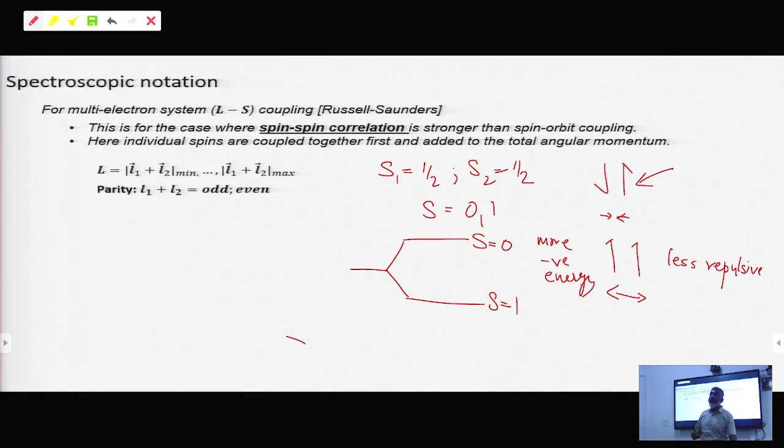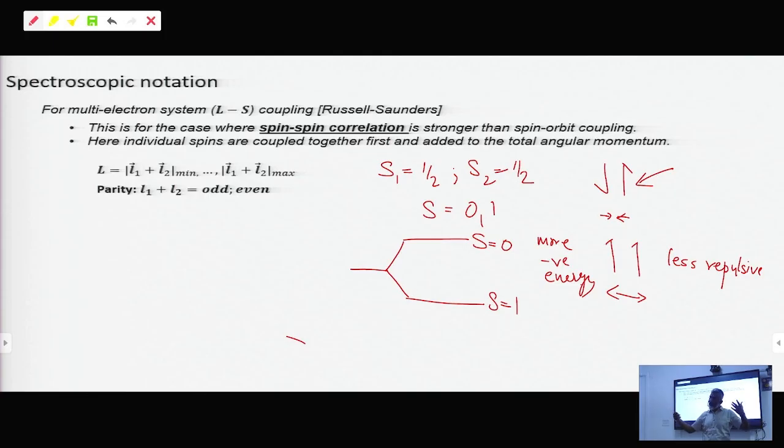What about the angular momentum? The angular momentum is very simple to explain. Suppose you have two electrons moving around. I'll show you. When they are exactly opposite, that means having the maximum angular momentum.